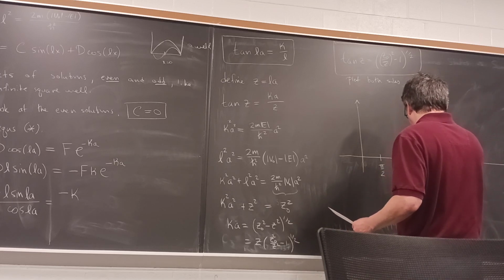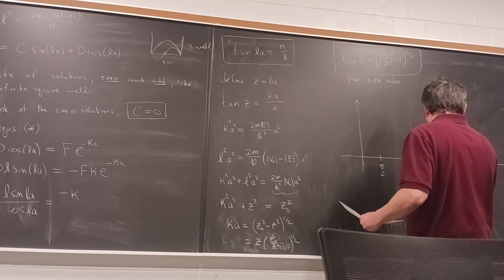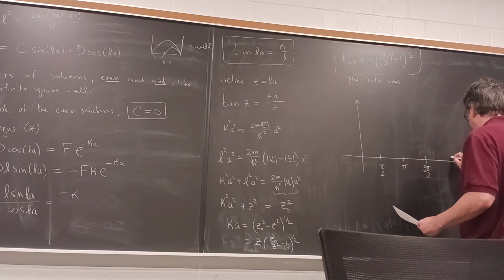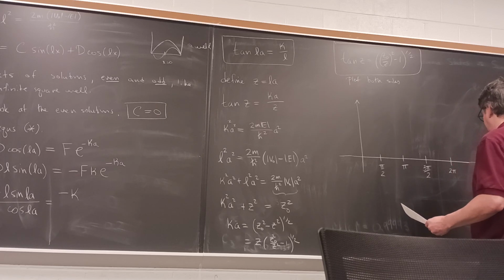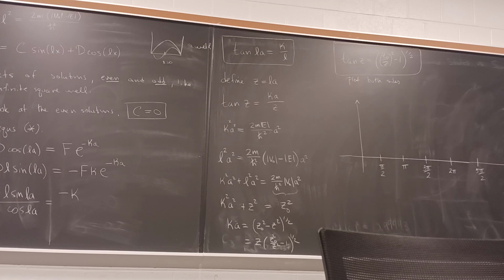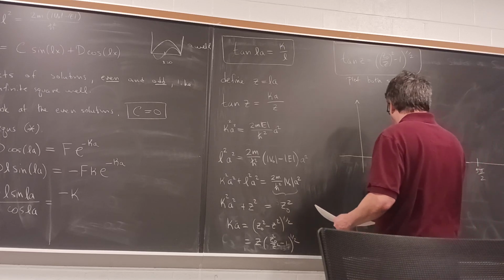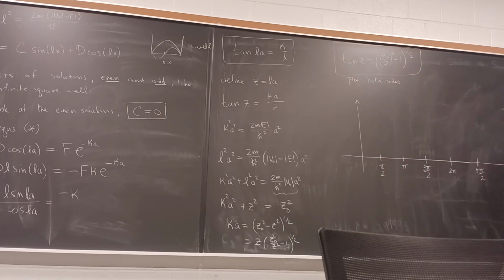So then this would be pi, and this would be 3 pi over 2, 2 pi, 5 pi over 2. Is that right? Yeah. Okay, so the tangent blows up, so there are some asymptotes.